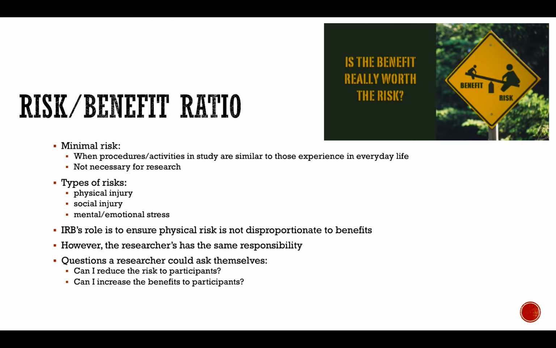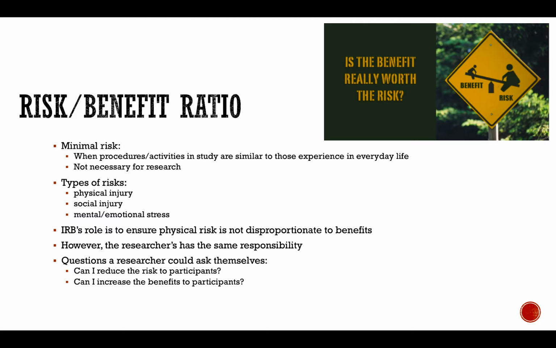So types of risks that can happen are physical injury, social injury, and mental and emotional stress. The IRB's role is to ensure that physical risk is not disproportionate to the benefits.